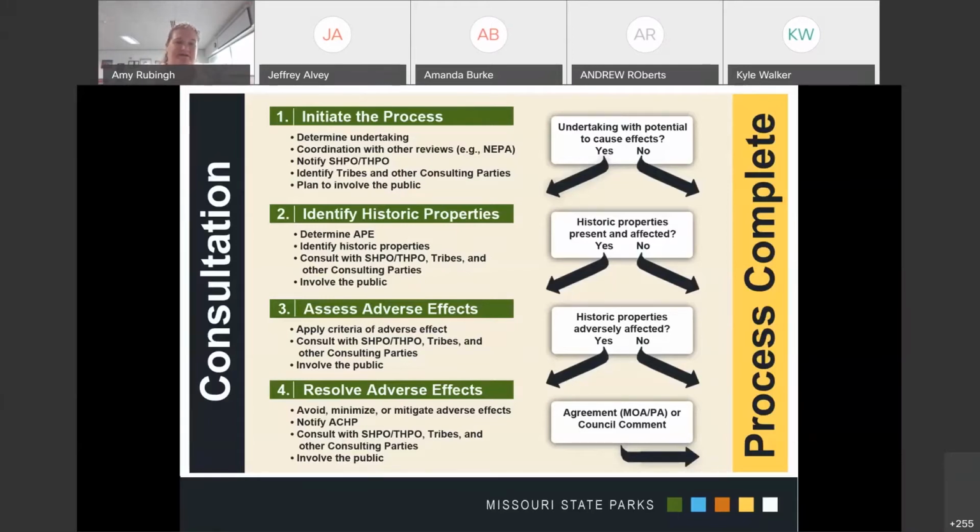If it's yes, you stay in the 106 process. If it's not, then you have completed the process and you move on to identify historic properties. Are there historic properties present and affected? But it shows that every step in the process might be the last step for you, depending on what you find through working through that process.